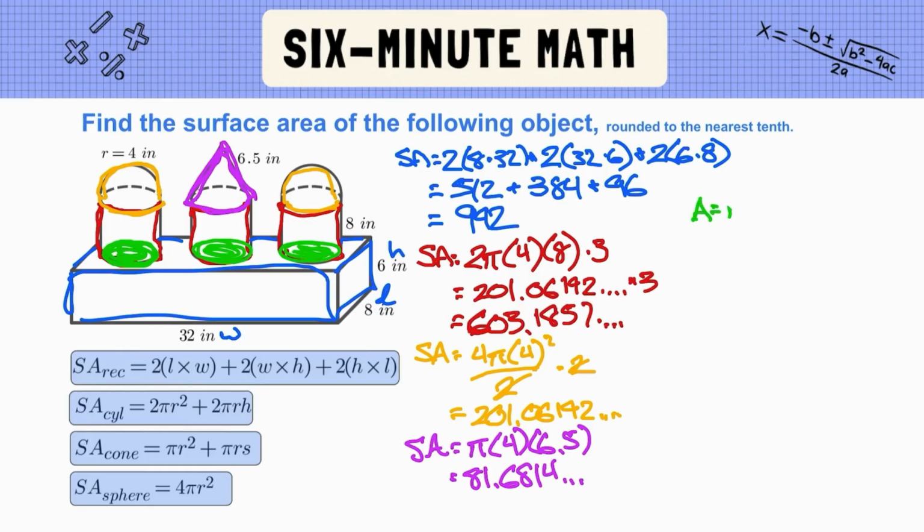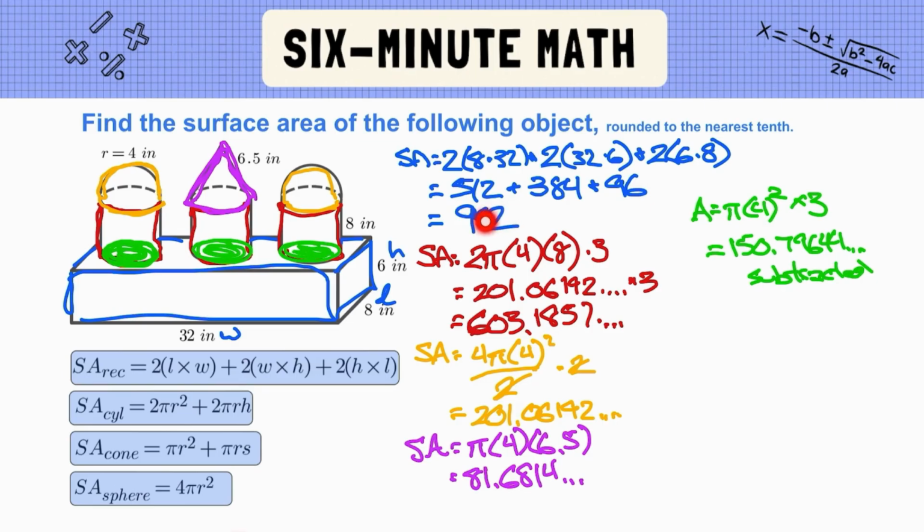So the area is going to be pi times 4 squared, and there are 3 circles. Plug that into a calculator for 150.79644, and that is going to be subtracted.